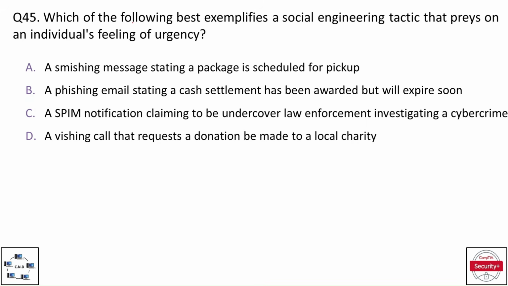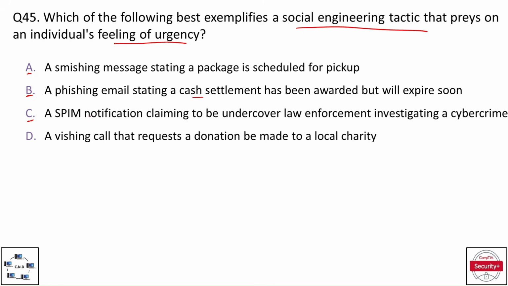Question number 45. Which of the following best exemplifies a social engineering tactic that preys on an individual's feeling of urgency? The options are: option A, a smishing message stating a package is scheduled for pickup. Option B, a phishing email stating a case settlement has been awarded but will expire soon.